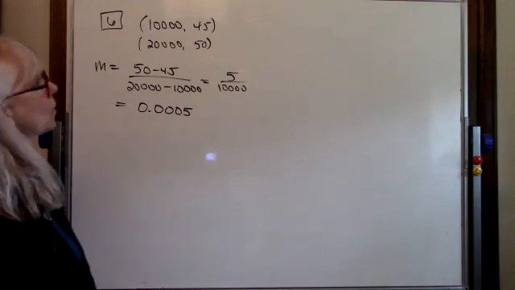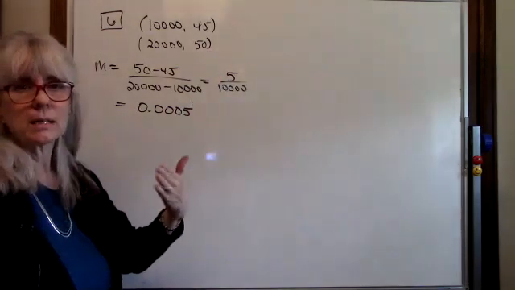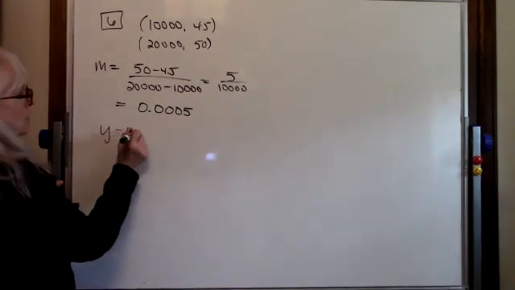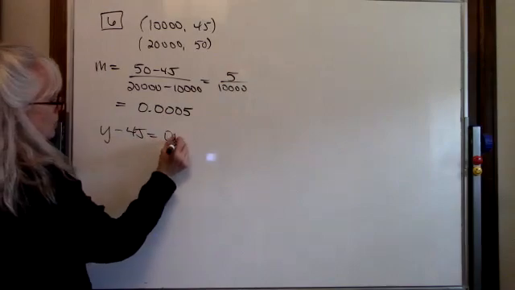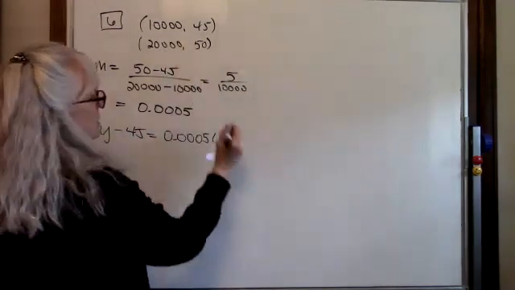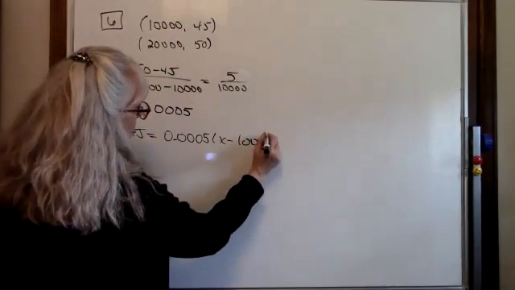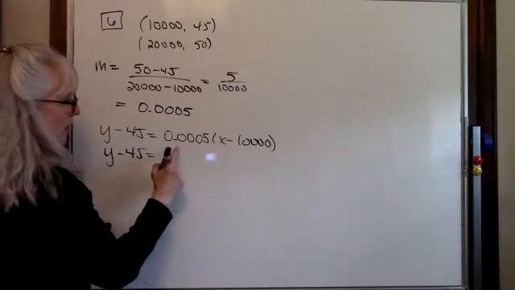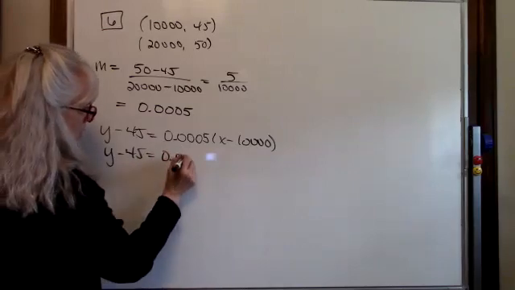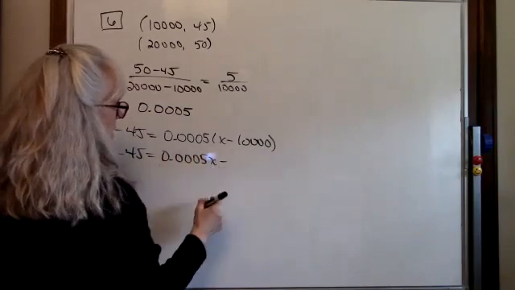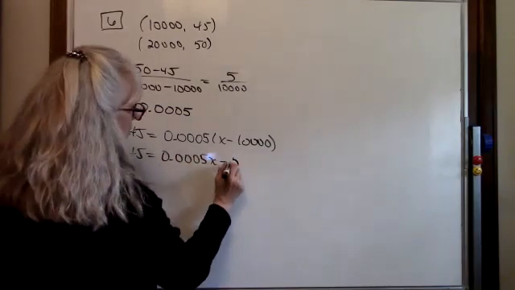They did not give us the y-intercept, so we need to go through the point slope form in order to write the equation. So we'll do y minus the 45 is equal to 0.0005 times x minus the 10,000. So y minus 45 equals 0.0005x minus 5 times that 10,000, I think is just going to give us 5.